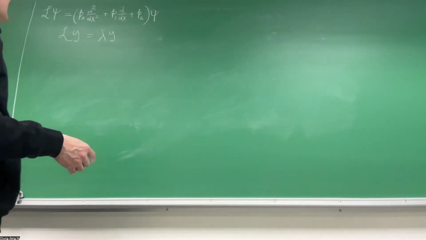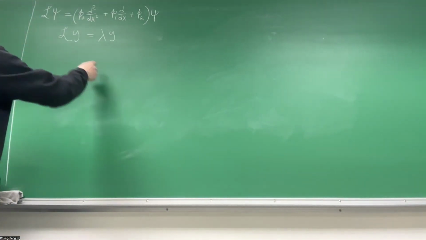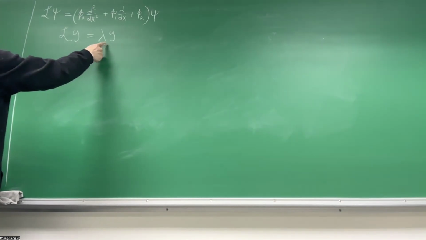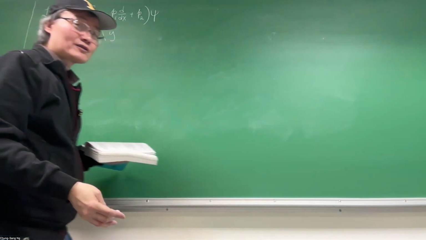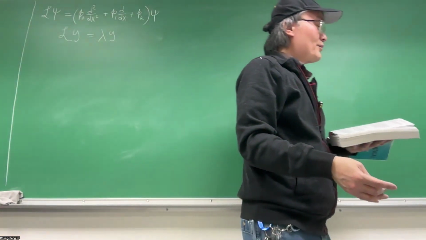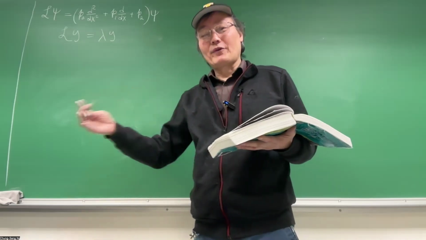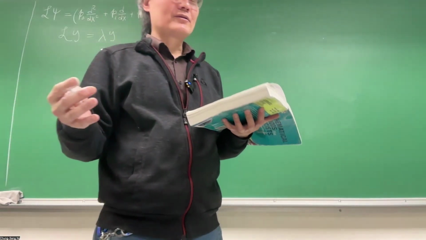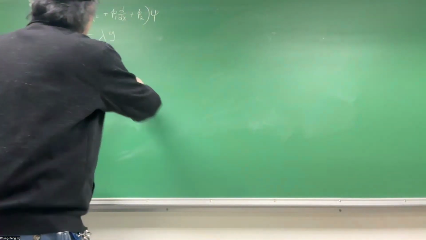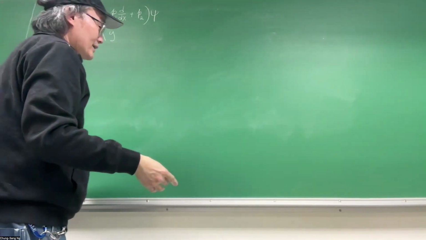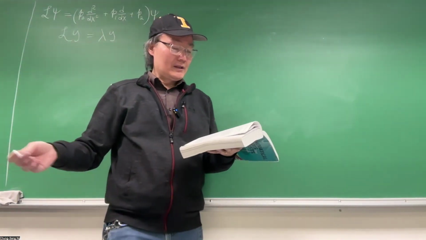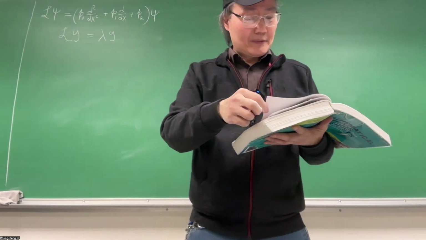In some cases, any lambda will give you a reasonable function, so your eigenvalue becomes a continuum. Any real value will satisfy that differential equation and the boundary condition. That is possible.